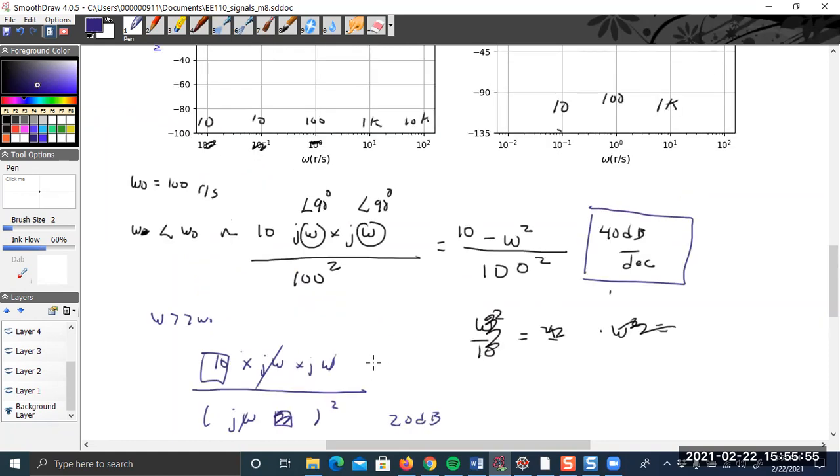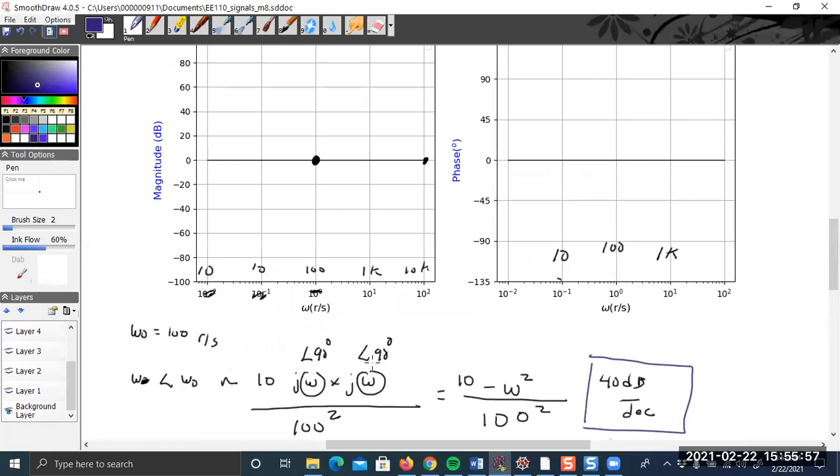And this is how I do it: now that I found that high gain, I can draw an asymptote. I know it's going to change at omega naught, but it's going to be down 40 over 10, down 40 over 10.